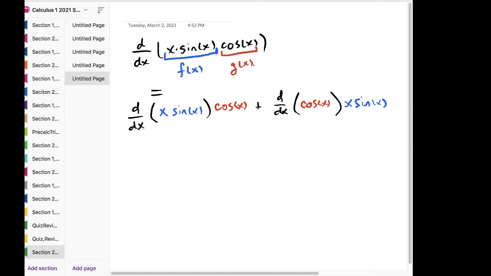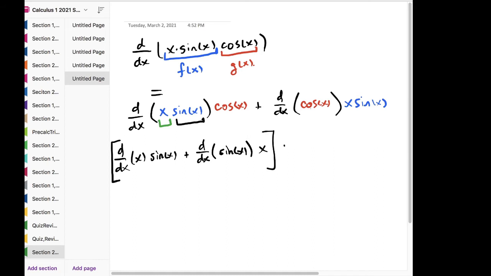Yeah, this is a product rule again. You have one thing here. You have one thing here. So do it. So d/dx, and this is in parentheses, of x times sine of x plus d/dx of sine of x times x. This is all multiplied by cosine.